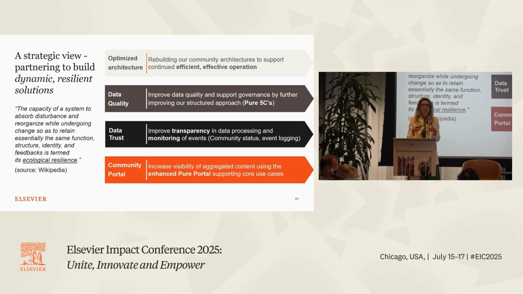We also really emphasize how we can improve data quality and how we can improve the transparency of data processing, to allow our users to monitor the various events as the data gets harvested and deduplicated in such community instances. And last but not least, enabling all the new portal capabilities also for our communities. And as a big picture, the aim is to partner and build resilient, dynamic solutions for resilient ecosystems.